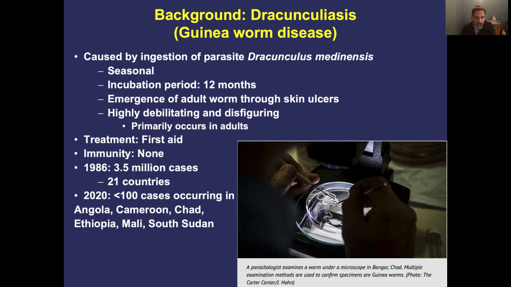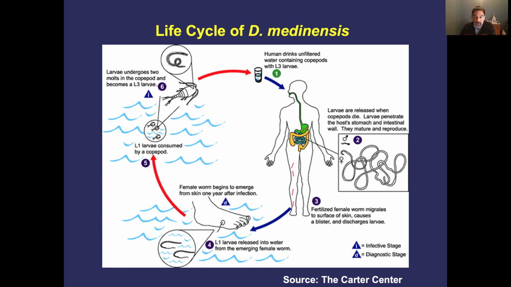This is a picture showing a parasitologist examining a Guinea worm under a microscope. The Guinea worms themselves can get to be up to sometimes a foot or even 3 feet long, so you can see them with the naked eye.